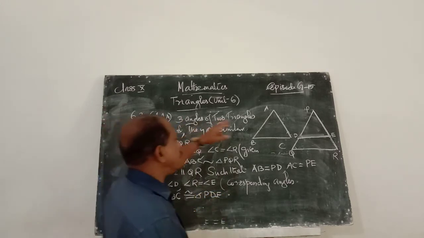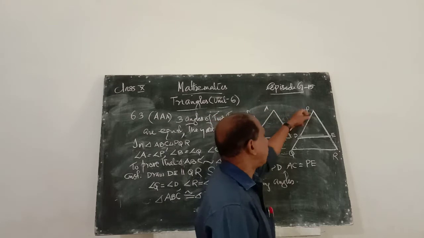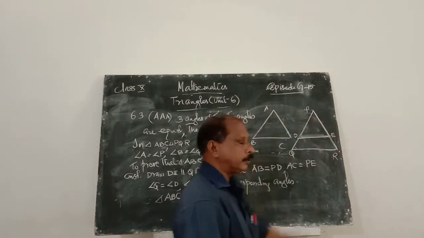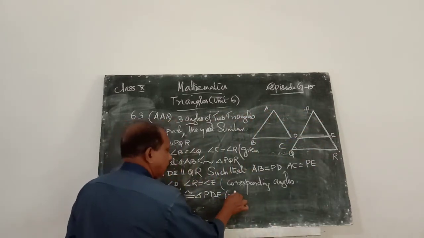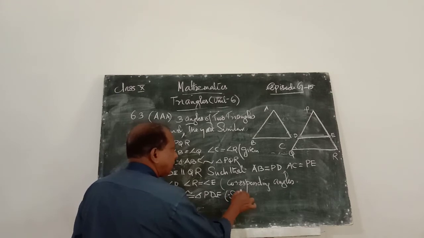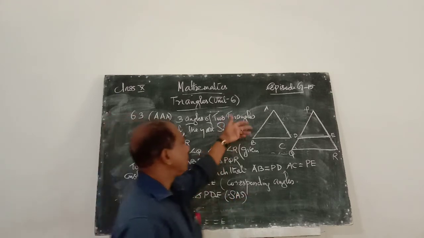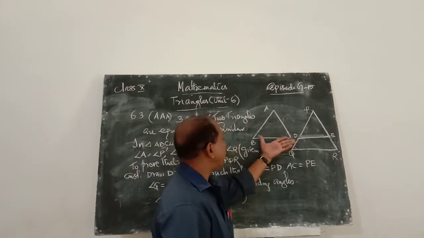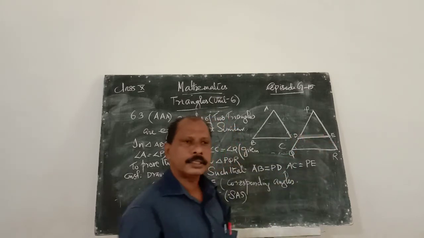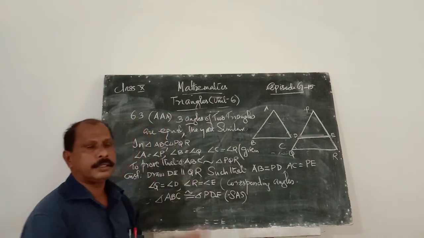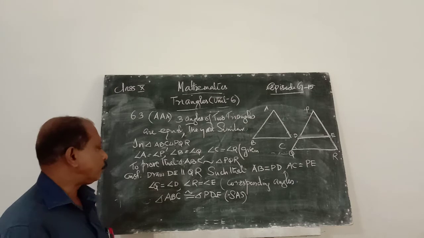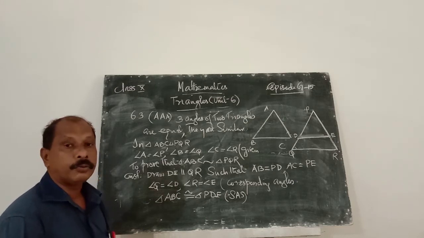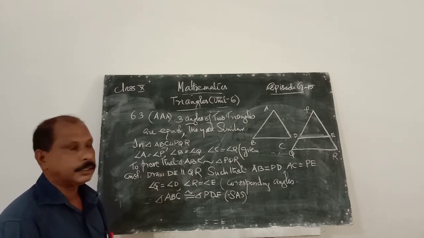That means these two sides are equal and these two angles are equal. What is the property? SAS criteria. That is SAS criteria. Or any one criteria, we prove that these two triangles are congruent.